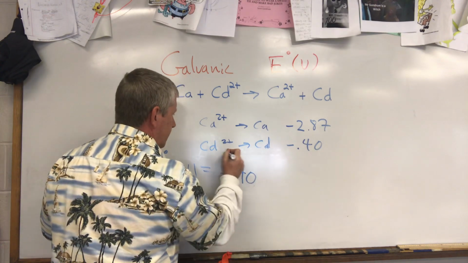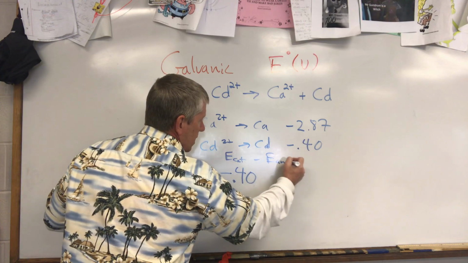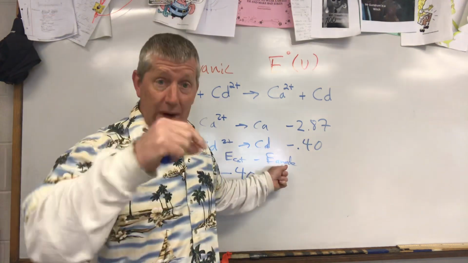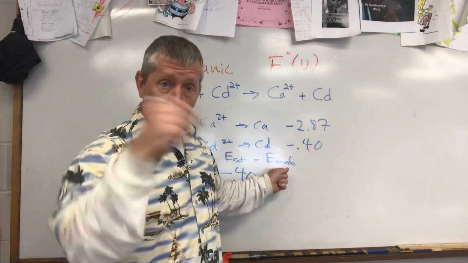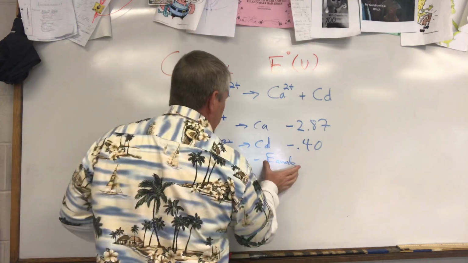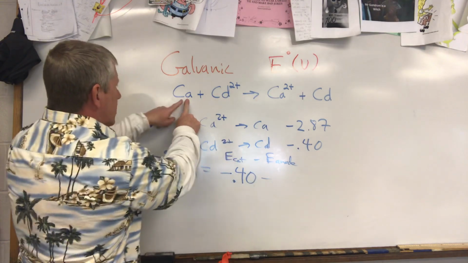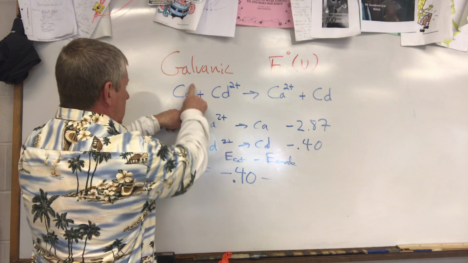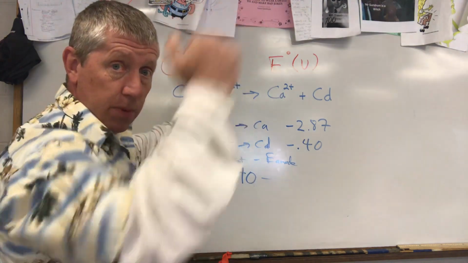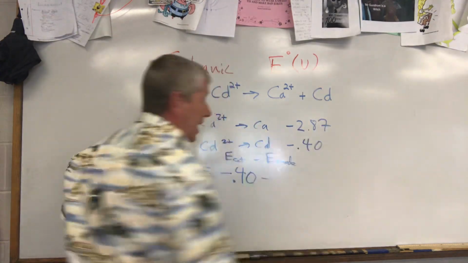E at the cathode minus E at the anode. Remember, anode: A vowel, O vowel, oxidation. That's where oxidation occurs. Now let's see who's undergoing oxidation, just to verify. If you're undergoing oxidation, your number went up: 0 to positive 2. That's oxidation. Oxidation number went up. So the calcium is undergoing oxidation according to this reaction.